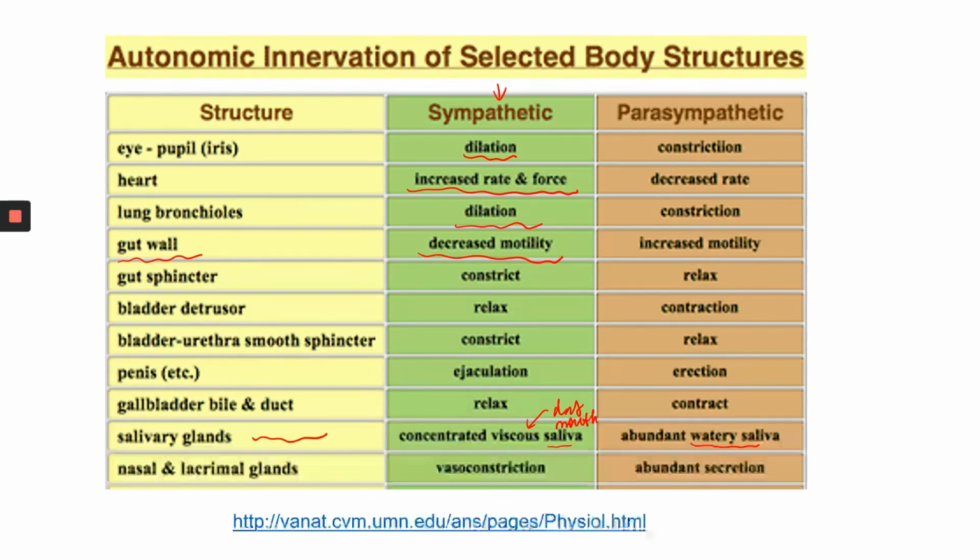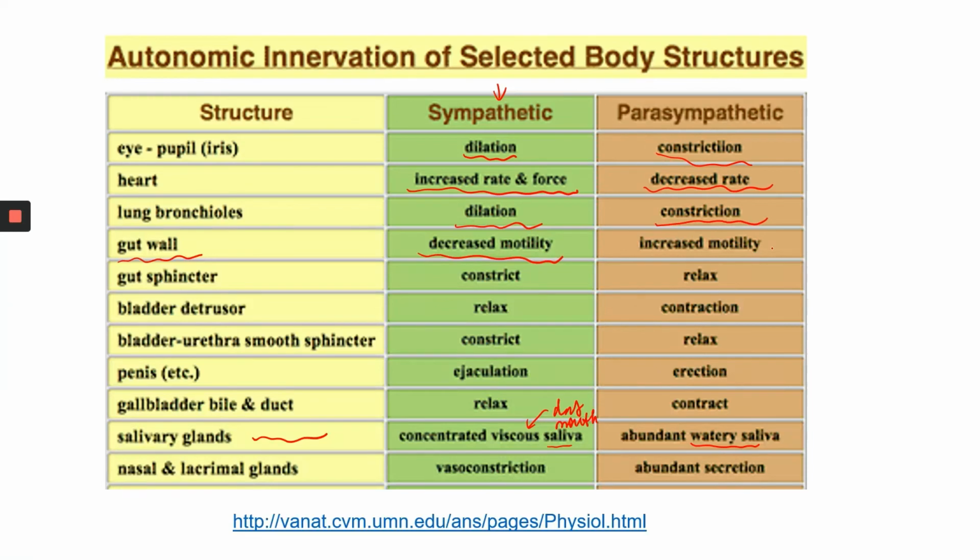Now, for parasympathetic, it's pretty much the opposite. Your pupils will constrict because you don't need to see better. You're very relaxed. Your heart rate will also decrease because you don't need to pump more blood with oxygen into different organs. Bronchioles constrict, similar to the blood, you don't need to send extra oxygen to your brain or your skeletal muscles.